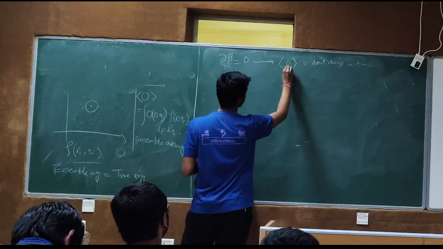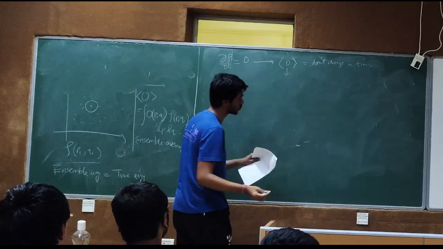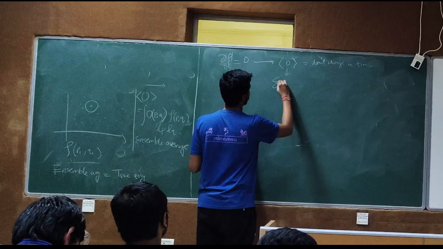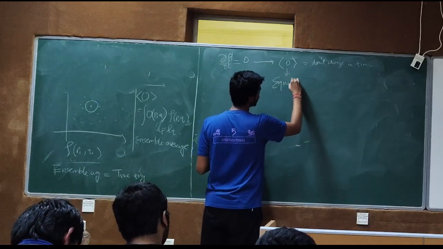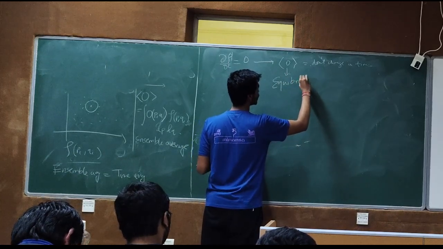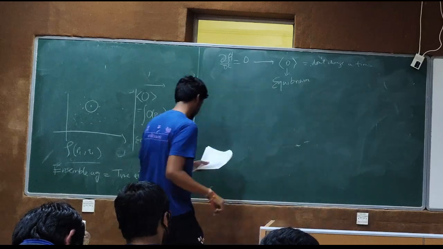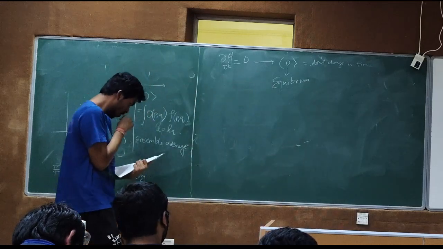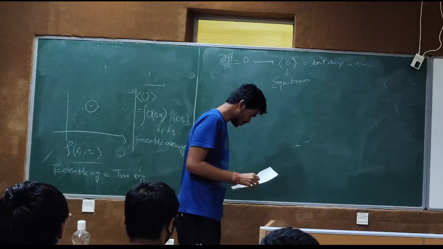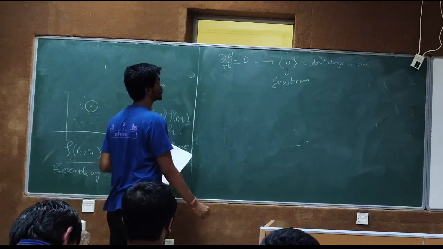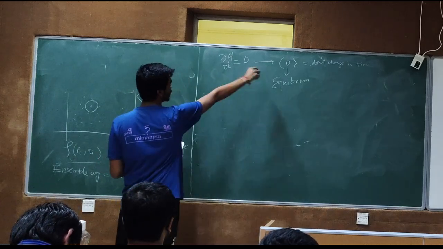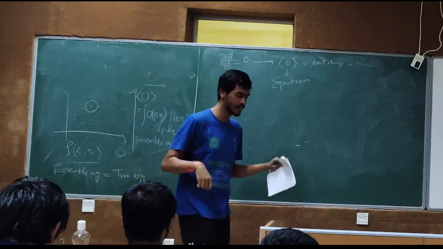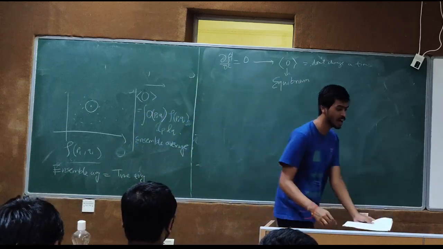And when these average quantities don't change in time, this is what we call equilibrium. So a stationary ensemble is a good candidate for equilibrium.